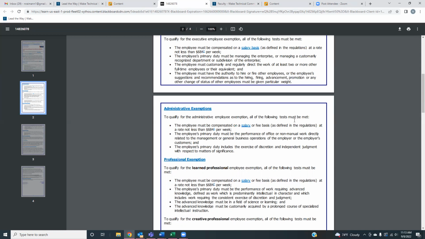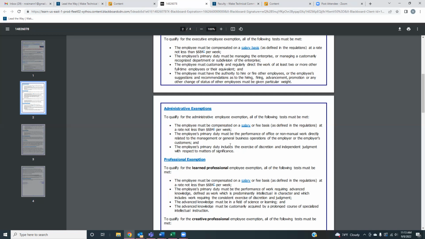I was a corporate compliance manager, for instance. I had the word manager in my title, but that didn't necessarily mean I should be paid a salary. Now, part of my job description actually fell under administrative exemption. So I was paid a salary, but I had to qualify for that. I had to be paid at least $684 a week.